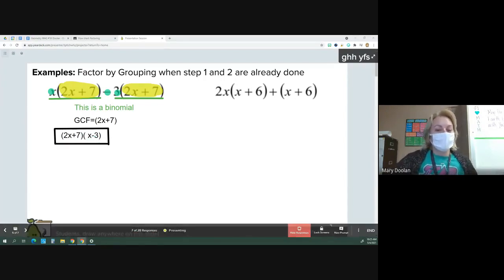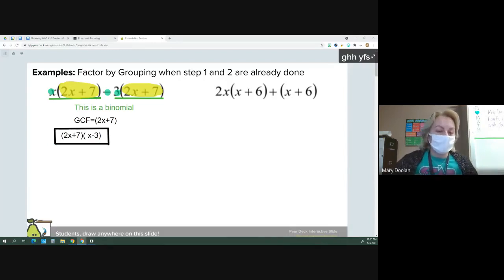So you should always check that you didn't forget about some common factor, but there's none left here. So the 2x plus 7, this was the common factor that they both had. So the GCF is this thing in yellow. And so the GCF is written first, and then what's left over is here.